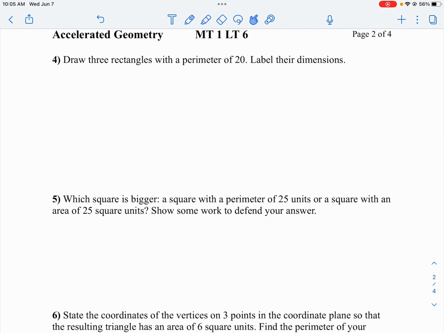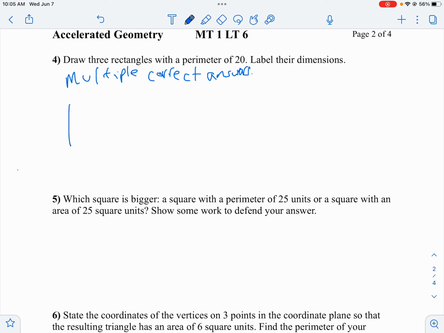Okay, on question 4, we're going to draw 3 rectangles that have a perimeter of 20. Once again, there are multiple correct answers. Just make sure that each of your rectangles adds up to 20 for your perimeter.